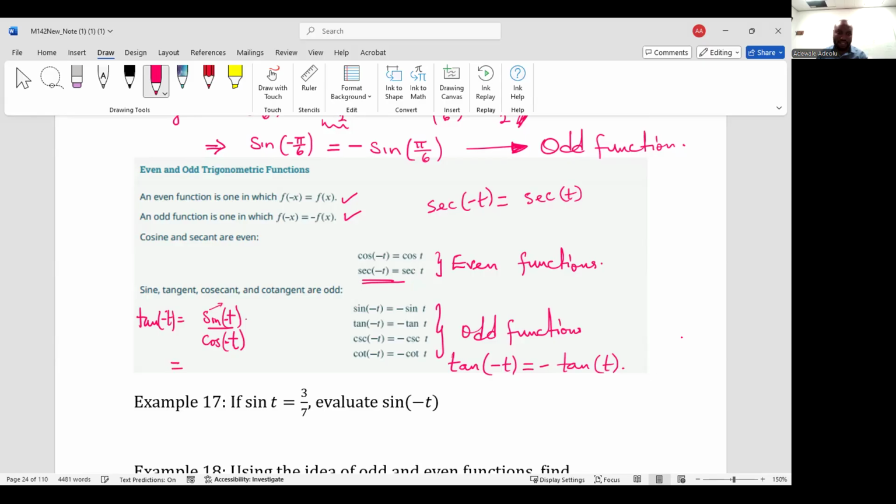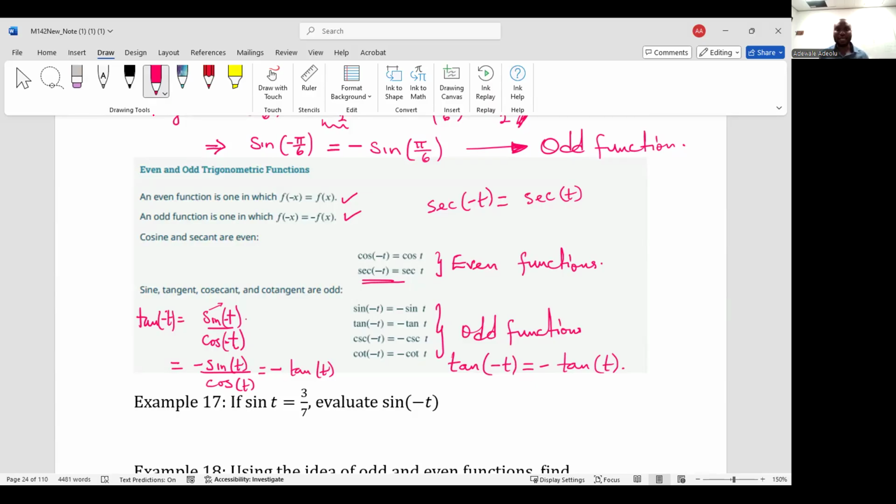Since sine is odd, then I will have minus sine of t. Cosine is even, so I will have cosine of angle t. Now, what do we notice there? This negative I carry. Sine t divided by cosine t is tangent of t. So that is what makes tangent an odd function.